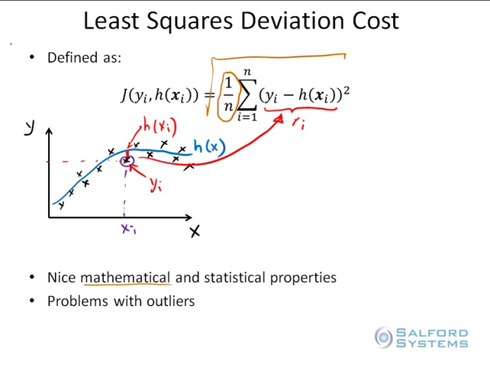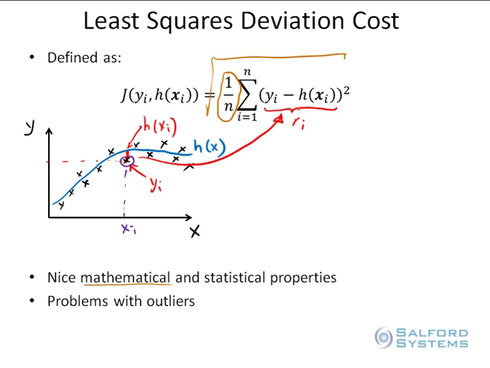If you look at the formula, it's a nice analytical function. So, for example, if you parameterize the hypothesis as a linear combination of x's, then you have essentially a quadratic form here, a nice convex function. And if you take the derivatives, you will get nice systems of linear equations and so on and so forth.